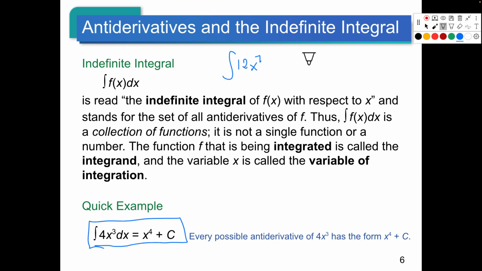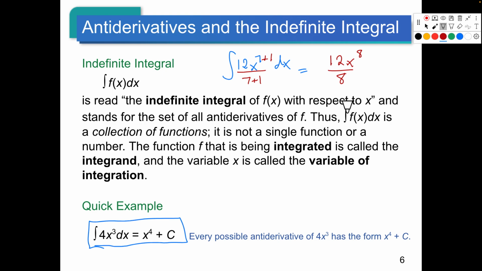So if we integrate this, what are we supposed to do? We're supposed to add 1 to the exponent, and then divide by that new exponent. And then we get this constant. Actually, I should put the dx there, right? So you're going to do something like this in the homework. You end up with 12x to the 8th power divided by 8, which seems completely different, right?